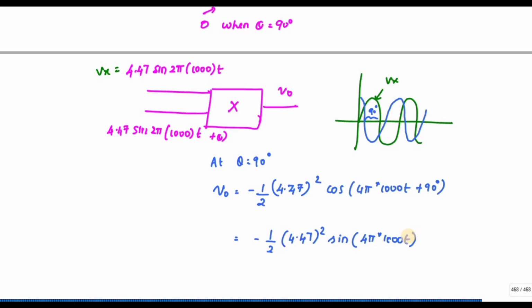Since it is k times now, you will get k, and the k value is nothing but 1 by 10. So this is the output you're supposed to get. So what is 4.47?